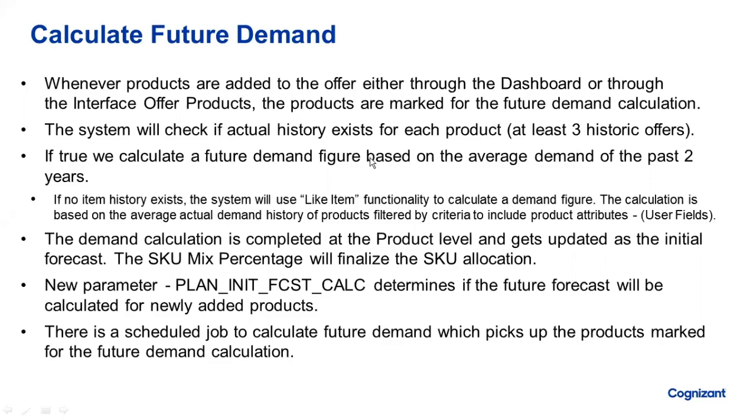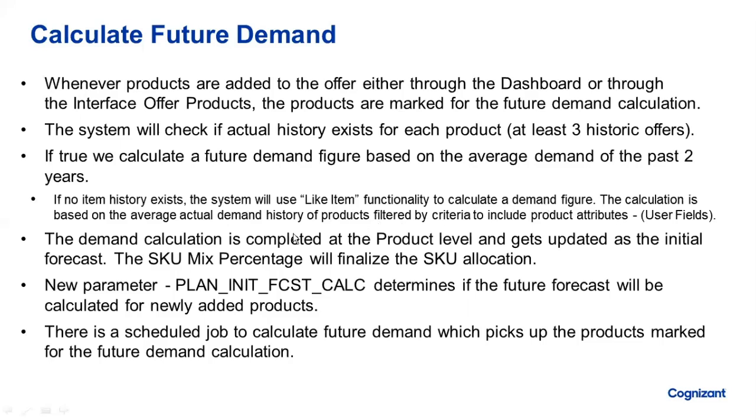If that's true, the system will calculate that future demand figure based on the average demand of the past 2 years. If no item history exists, the system will use the like item functionality that Janine had spoke about before, and that will be used to calculate a demand figure.